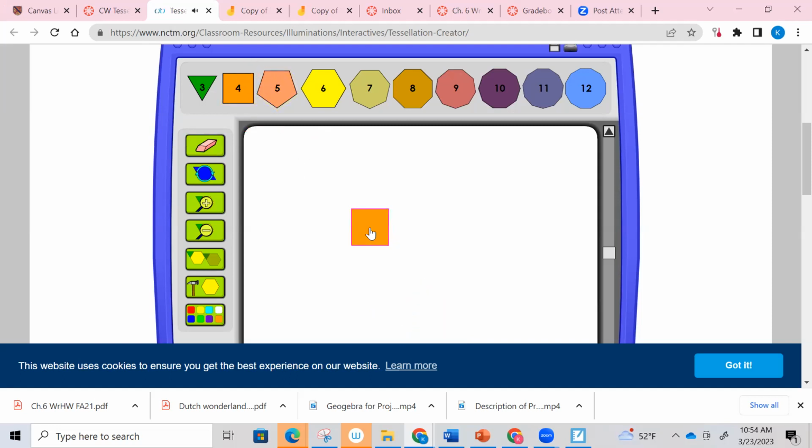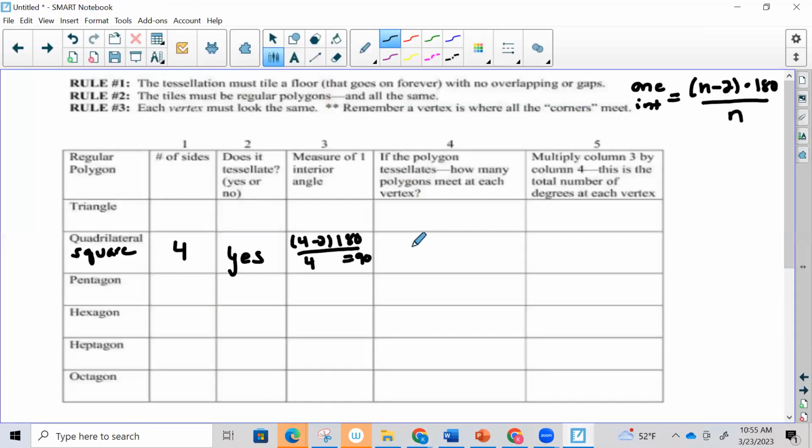But I'm going to, again, put my squares and see how many meet at one vertex, or how many it takes to cover the plane. So if I look, here's my one vertex, and I need 4 to cover that vertex. So in this part of my chart, I'm going to put 4. That's how many polygons meet at a vertex.